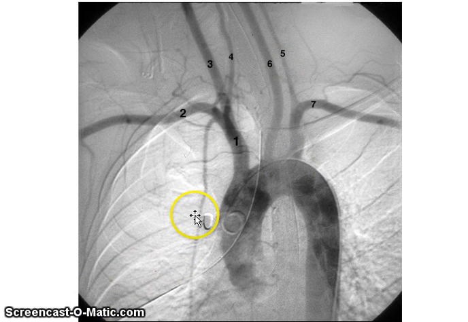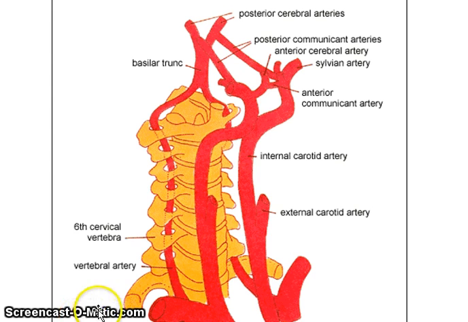And so the four main arteries supplying blood to the brain are the right and left common carotid arteries and the right and left vertebral arteries. Here's a good diagram that depicts the common carotids very well.